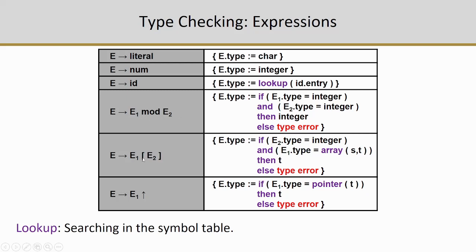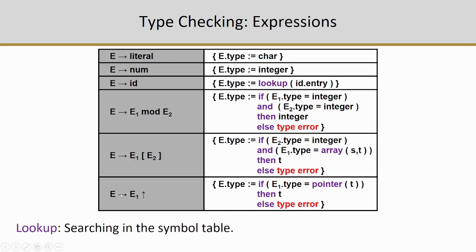And similarly, if we have these box brackets, then we assume that the expression on the left-hand side is an array, and the expression between the brackets is a number, otherwise we cannot look for a certain element of an array. So if one of these assumptions is not true, either the A1 is not an array or T is not a number, then there is a type error again.